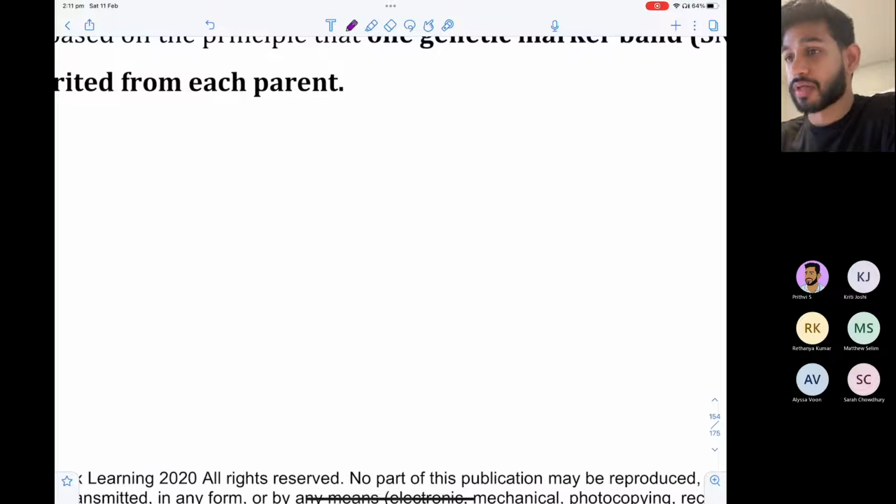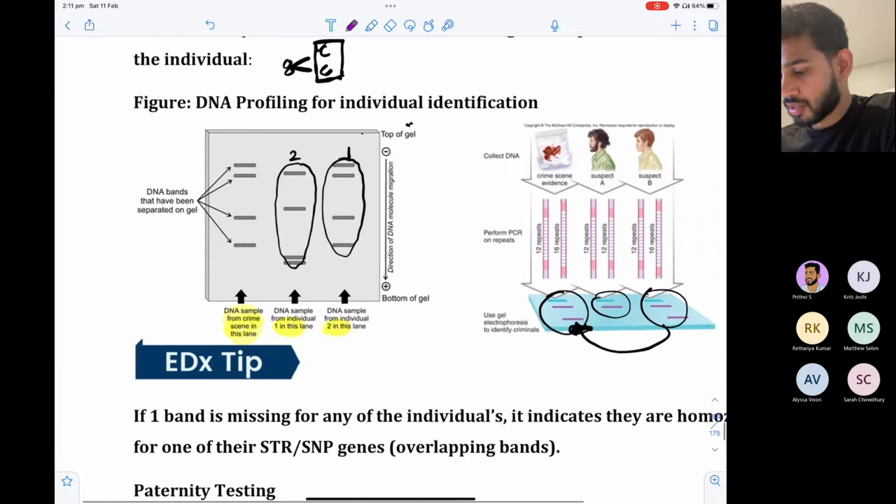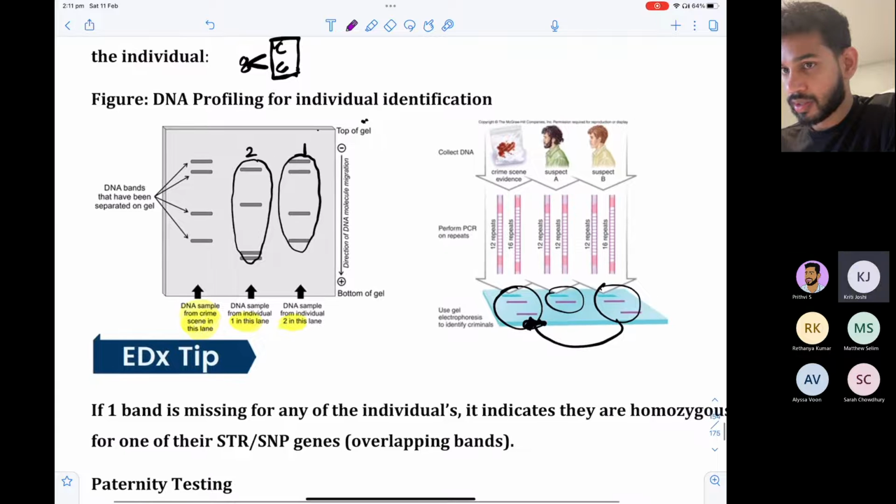But what's the goal of this? I used a word starting with G that I told you that profiling helps to identify. What is that word? Open question to the class. Genotype. Very good, right?